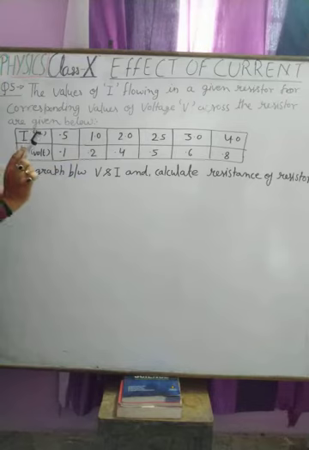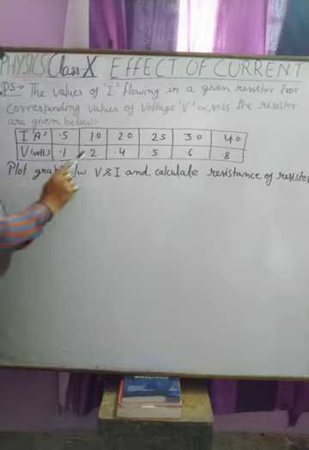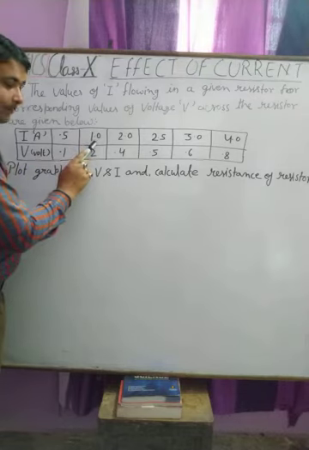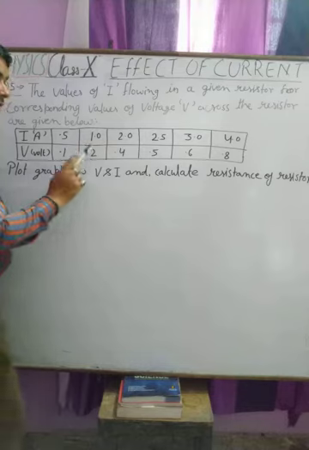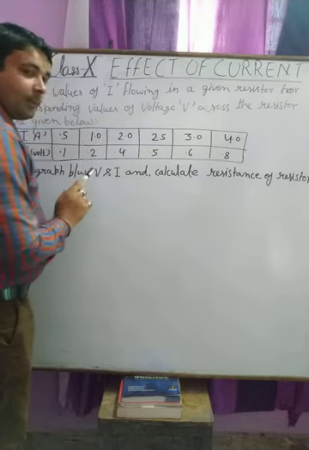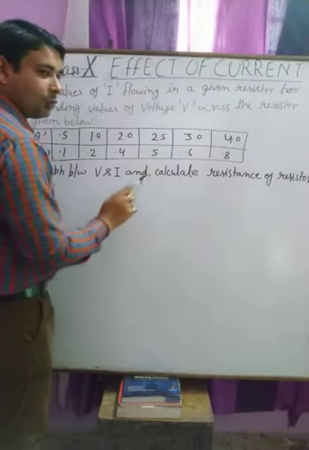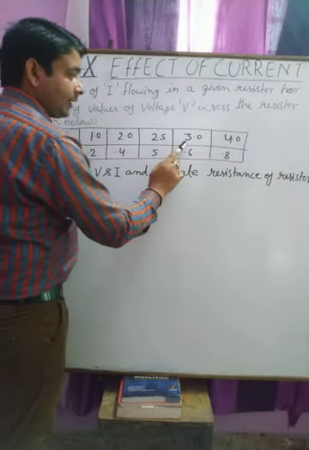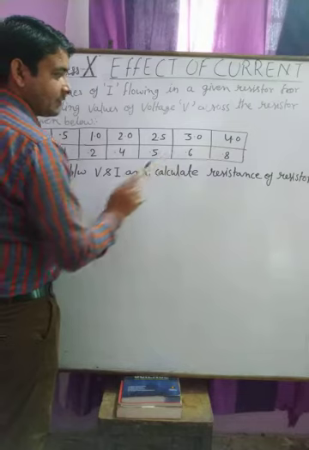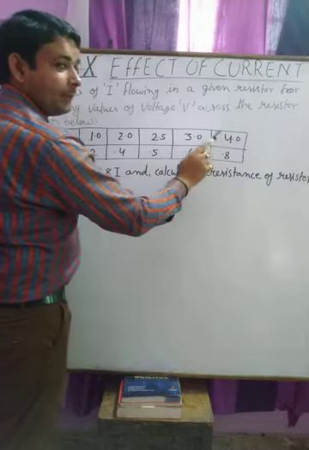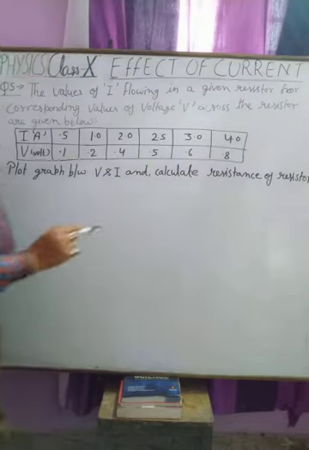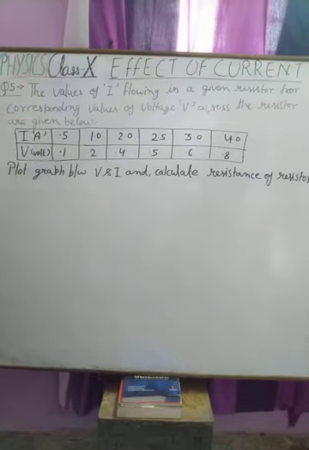When current is 0.5 ampere, the voltage is 0.1. When current becomes 1 ampere, voltage is 0.2. When current becomes 2 ampere, voltage is 0.4. When current becomes 2.5 ampere, voltage is 0.5 volt. When current becomes 3, voltage is 0.6. When current becomes 4 ampere, the voltage is 0.8 volt.